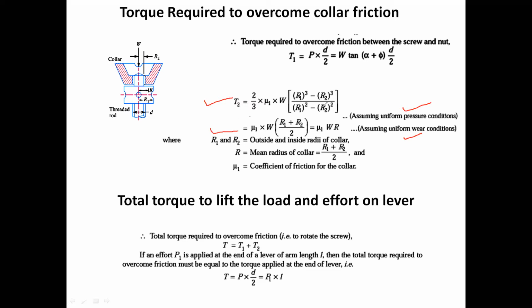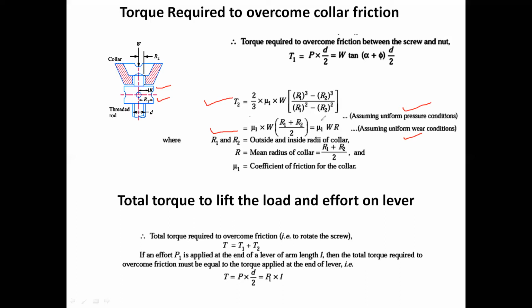So there are two equations, one for the uniform pressure condition and one for the uniform wear condition. In the uniform pressure condition, the torque required to overcome collar friction is 2 by 3 mu1 W into R1 cube minus R2 cube divided by R1 square minus R2 square. R1 and R2 are the radii of this collar. If I consider the uniform wear condition, then T2 will be mu1 into W into R1 plus R2 divided by 2, which is mu1 W R.